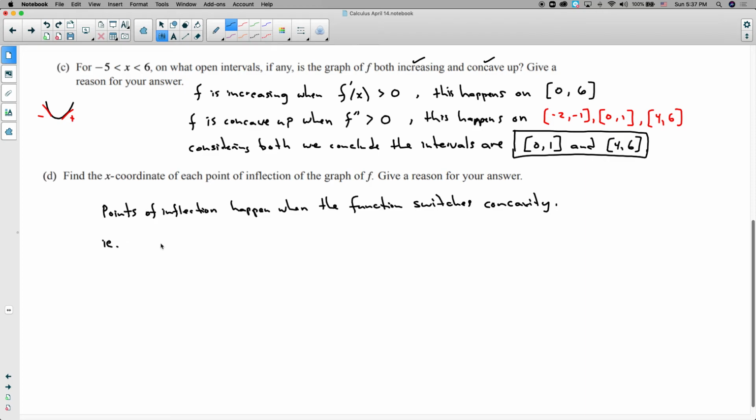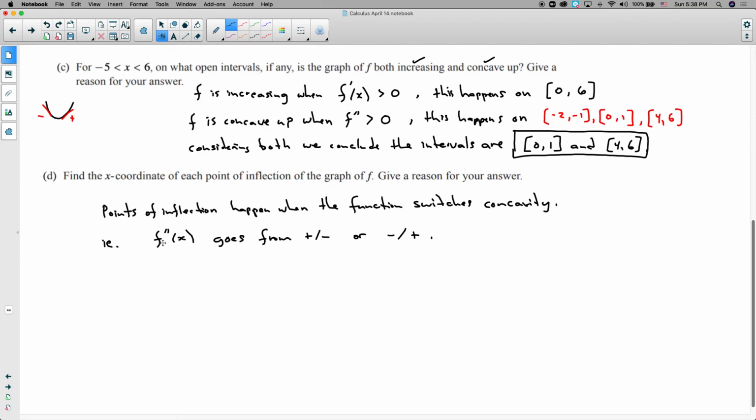Okay, so then that happens when f double prime of x goes from positive to negative or negative to positive. Right? Points of inflection. That's where concavity switches. If f double prime is positive, it's concave up.